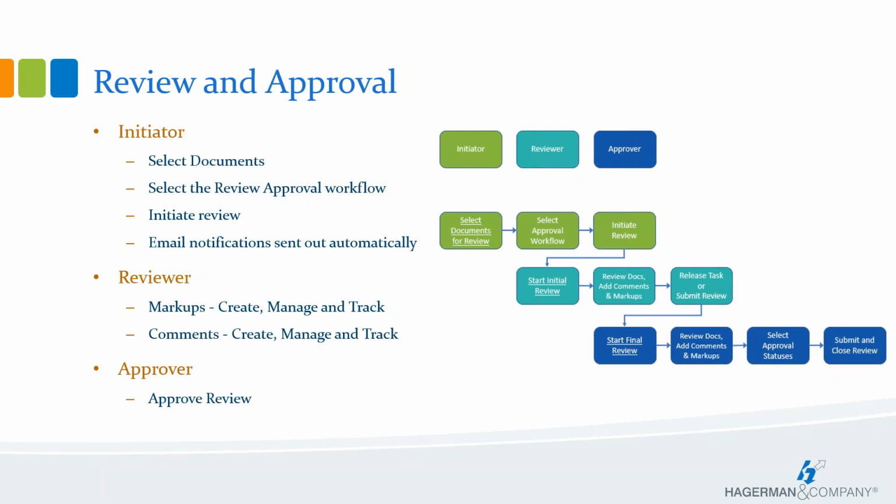The approval workflow enables project members designated as initiators to facilitate, control, and automate that distribution of the documents to the other members. Members designated as reviewers can then review and comment on the documents, and members designated as approvers can give the final approval for those documents.